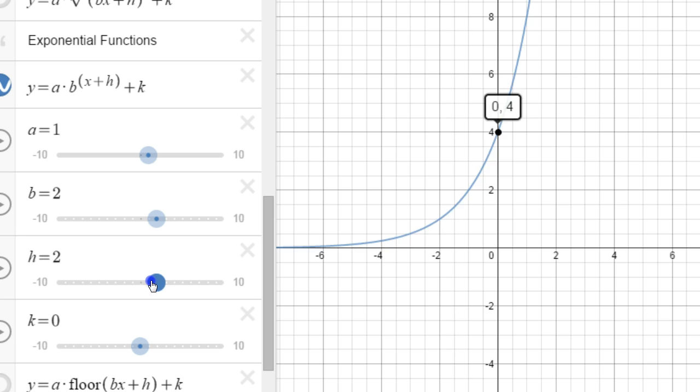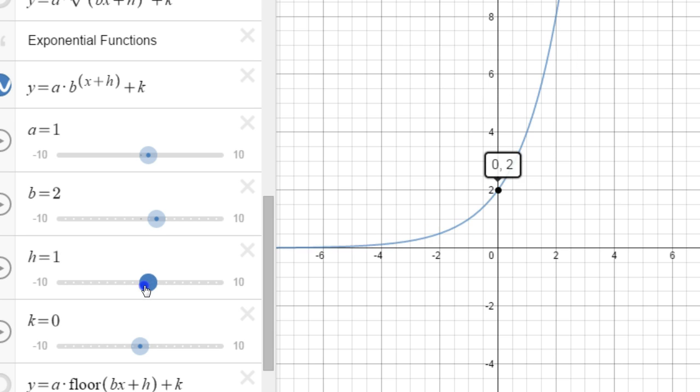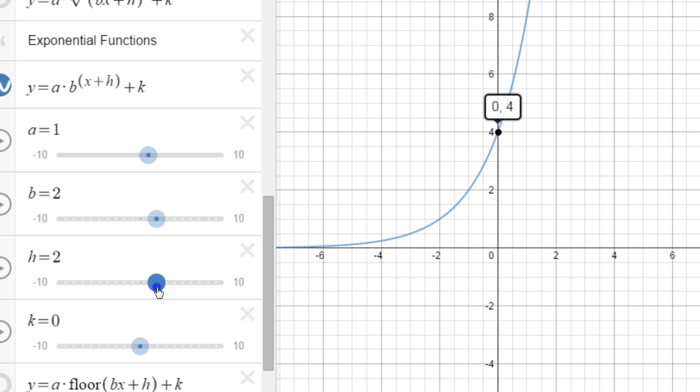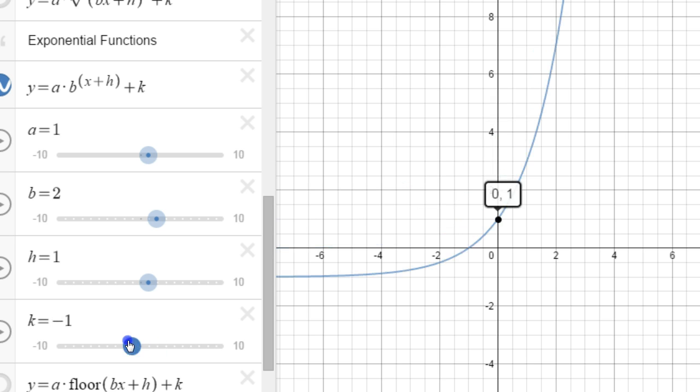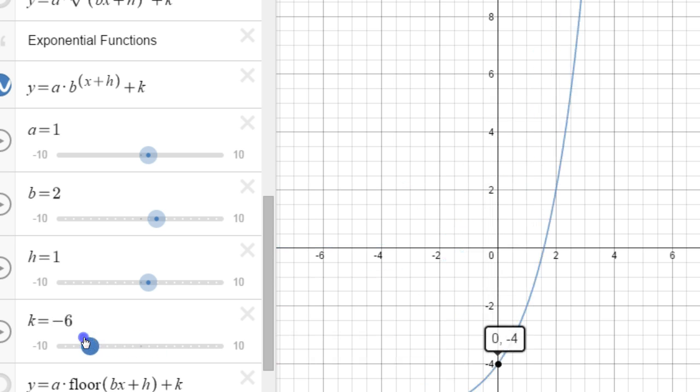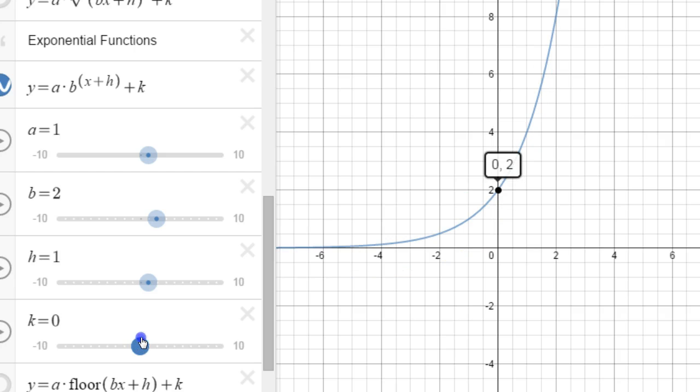Now the h's do the same, except they're going to give the illusion of moving to the left. They do increase the power, so they are increasing it a little bit more. And k is going to move the entire thing up and down. You can definitely have negatives with this k, so it definitely works out.